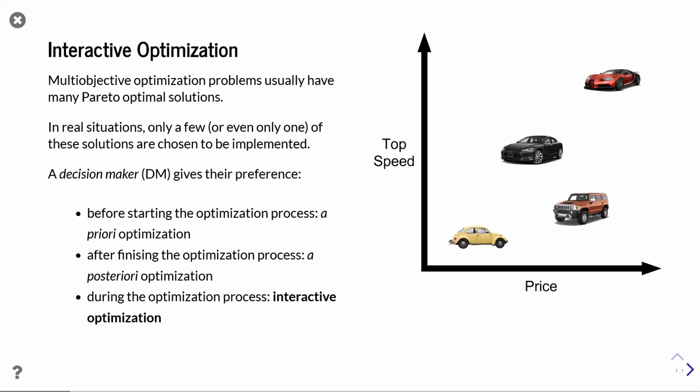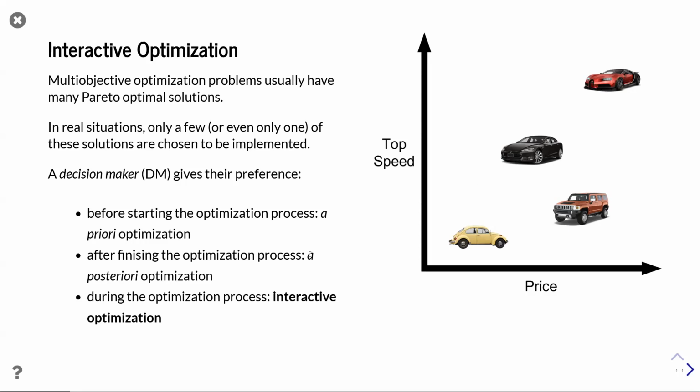And they might make a decision before the optimization process has even begun. If that's the case, we call that a priori optimization, and the optimization algorithm can take these preferences into consideration while doing the optimization. On the other hand, we can present all of these solutions to the decision maker and then ask them to make a choice.